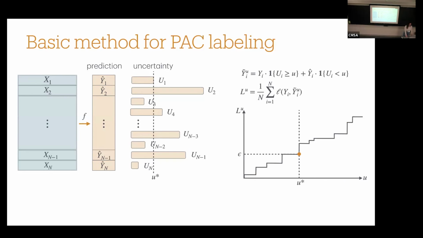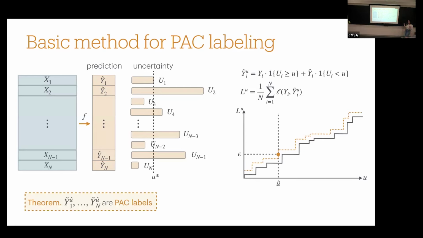We don't know that a priori. So what we'll do is strategically collect points so that we construct a 1 minus alpha upper confidence bound on this function. And then we'll look at where the upper confidence bound hits the value epsilon. We're going to denote that threshold by u hat.